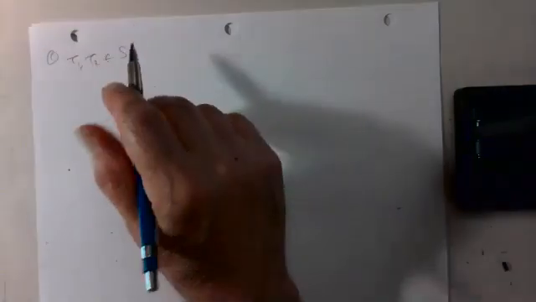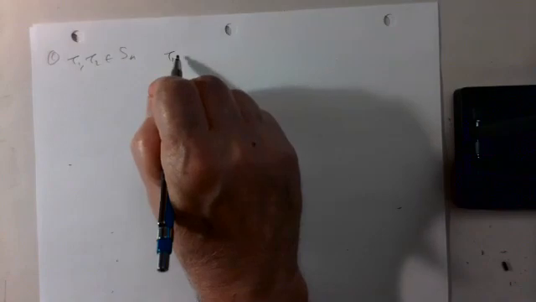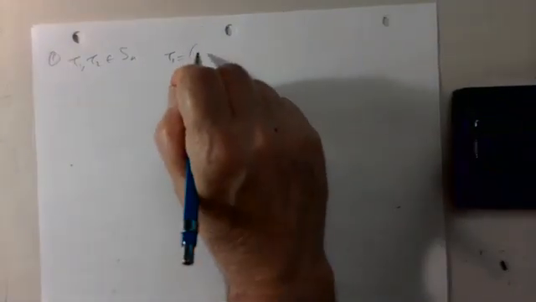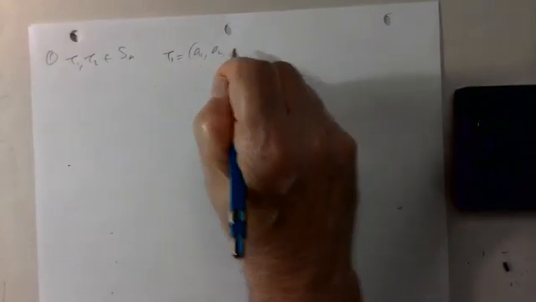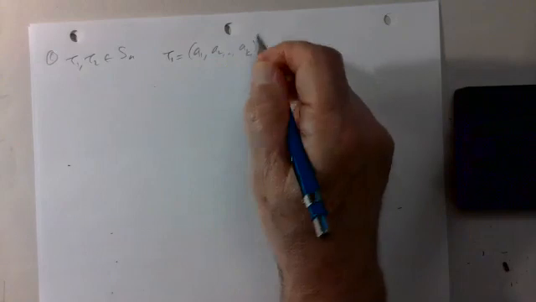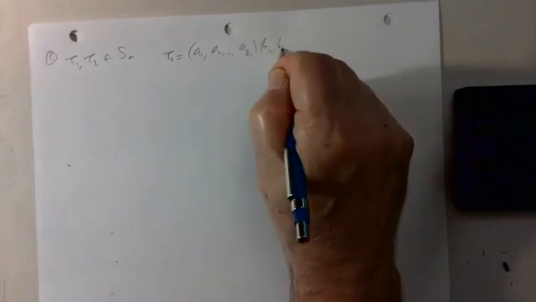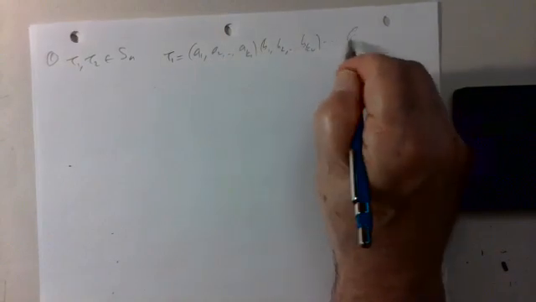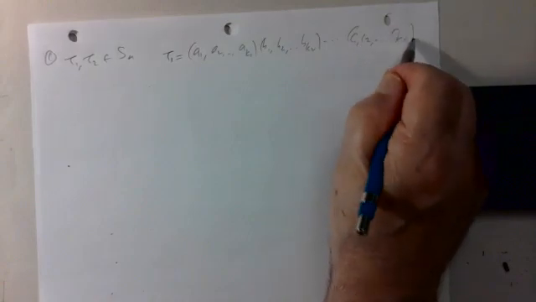So I think what that says is the following. Suppose tau 1 is a product of disjoint cycles (A1, A2, up to A sub K1), (B1, B2, up to B sub K2), up to (C1, C2, up to C sub K sub R).